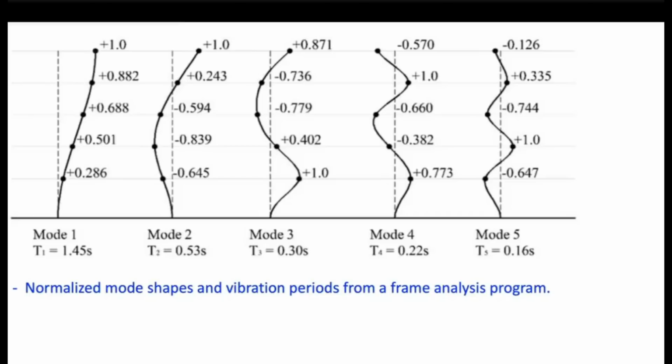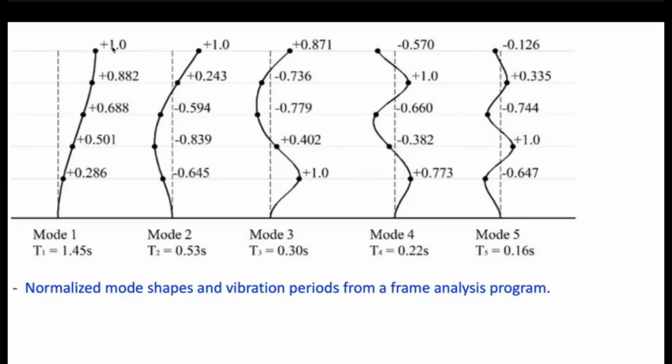These mode shapes are the eigenvectors. So what you have to do is to normalize these deformation values at the floors. What you have to do is to make the maximum value equal to 1 and normalize the rest of the values. Okay? So in this, what you see, these are all normalized mode shapes. Why? Because the maximum is 1.